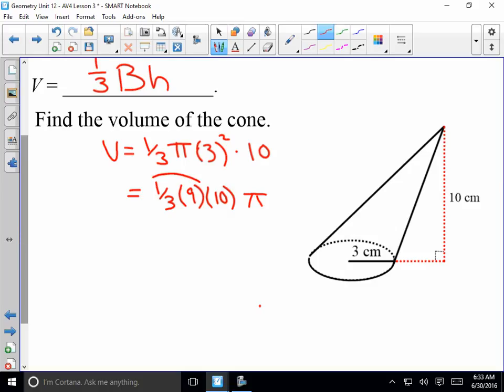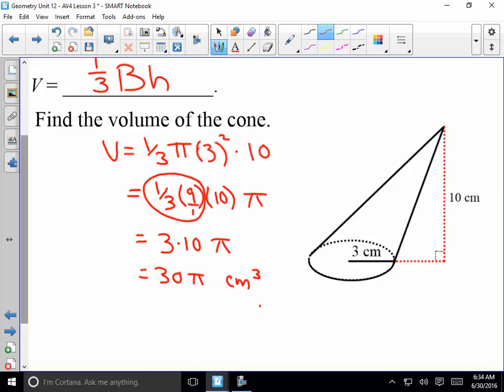So if I bring these two together first, 1 times 9, 3 times 1, we end up with 9 over 3, which is 3, times 10, and then we tack the pi on. And we finish up with 30 pi, and then we can't forget our units: centimeters cubed for the volume of this cone.